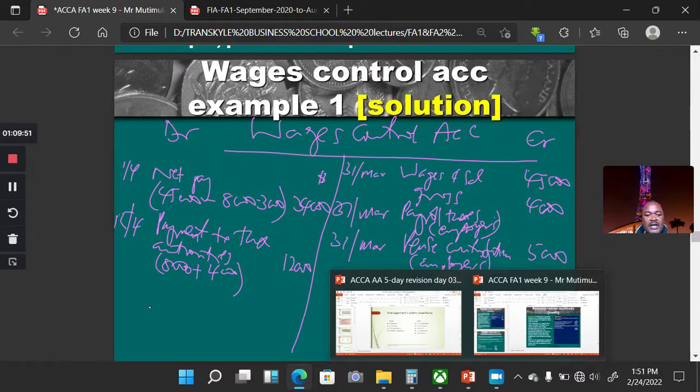And then on the 20th of April, we made payment to pension contributions, and the figures were how much?